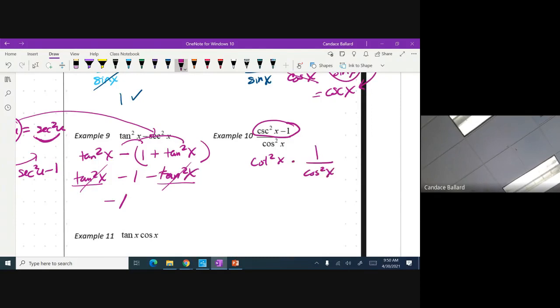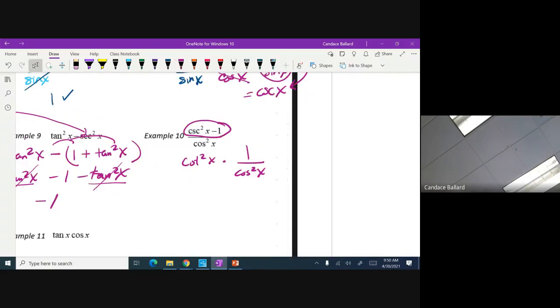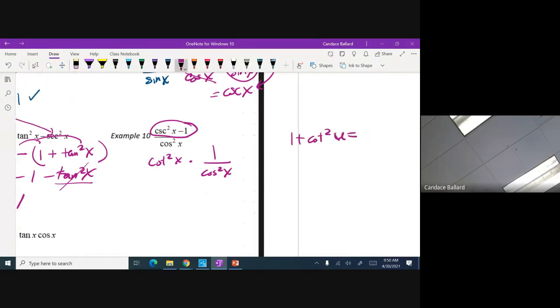Okay, so what we were doing here in the classroom, and what you have access to at home, is we know that 1 plus cotangent squared of u equals cosecant squared of u. Okay. I want to try to get rid of that one, the binomial, right? I want to try to turn it into a monomial, basically. So I can't just substitute in for cosecant.